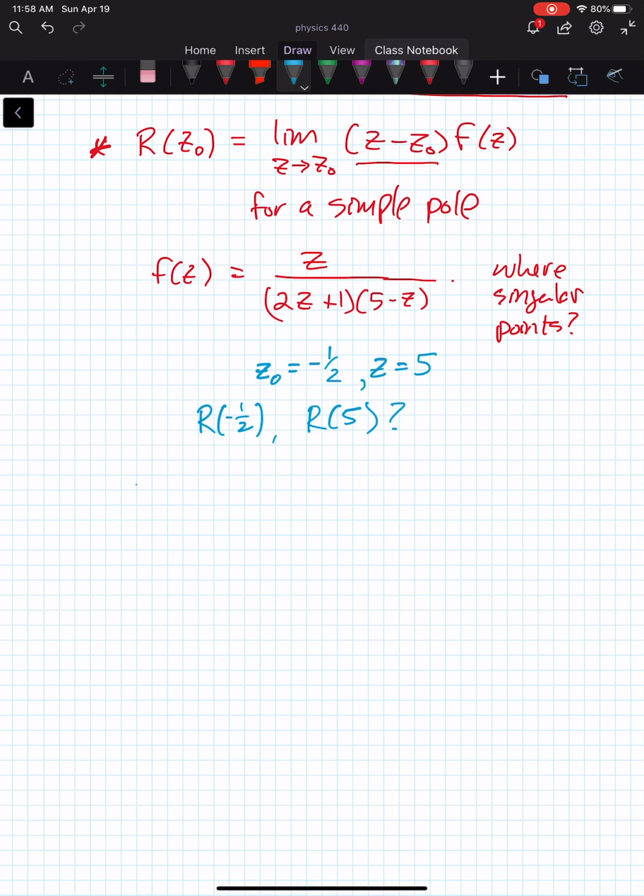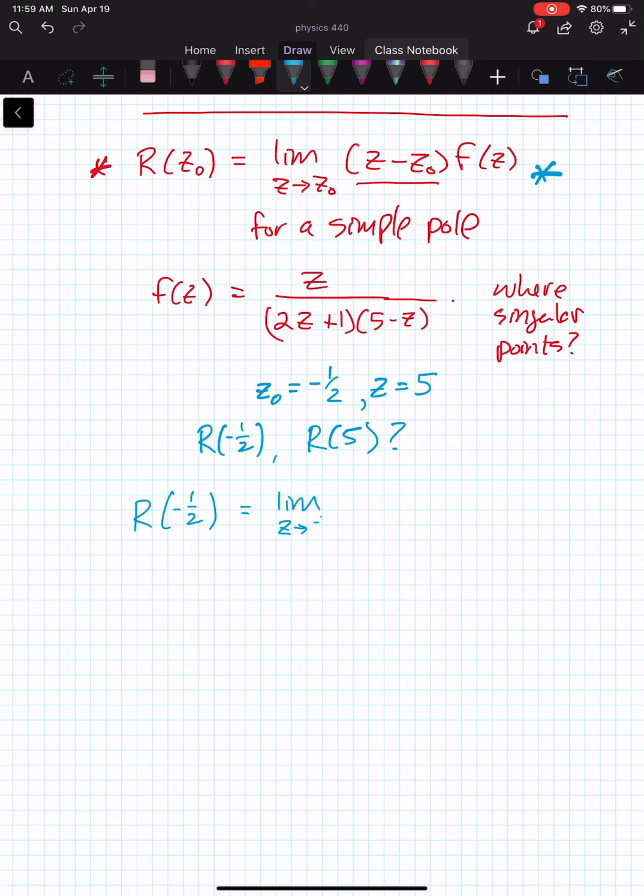But you notice here, it's kind of tricky what that might mean with the Laurent expansion. So this is another way of getting at it. In this case, we look at the limit as z goes to minus 1/2 of z minus 1/2 times 1/2 z over z plus 1/2.